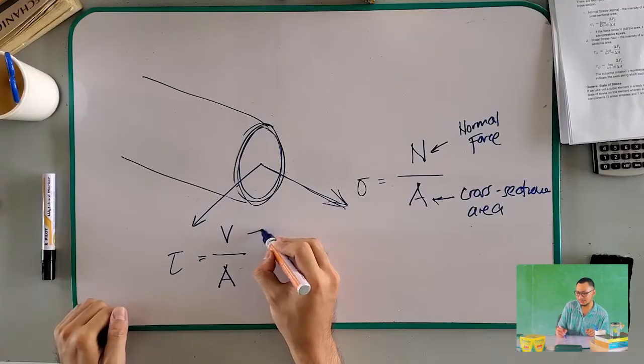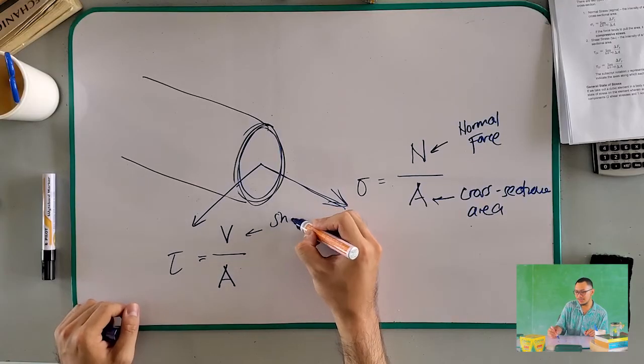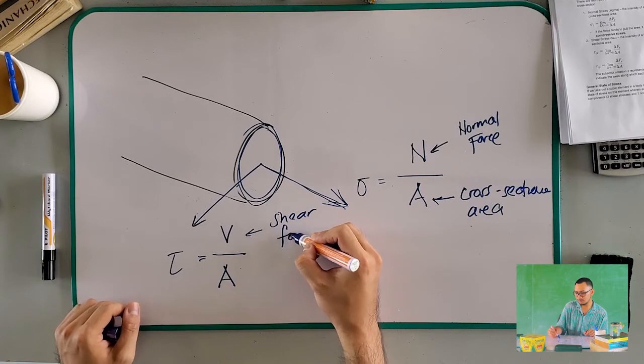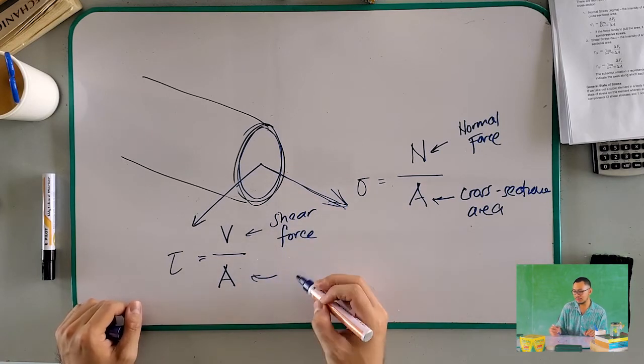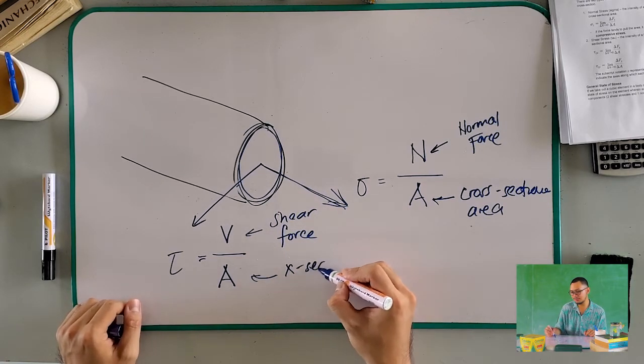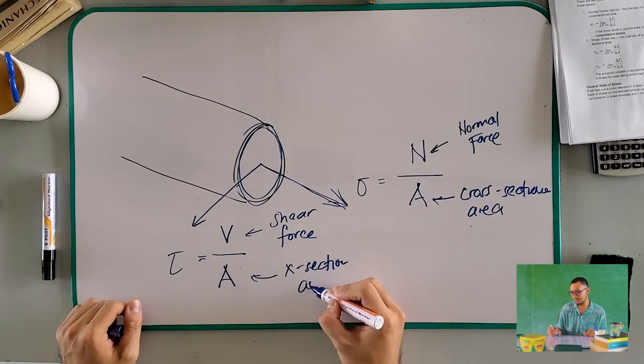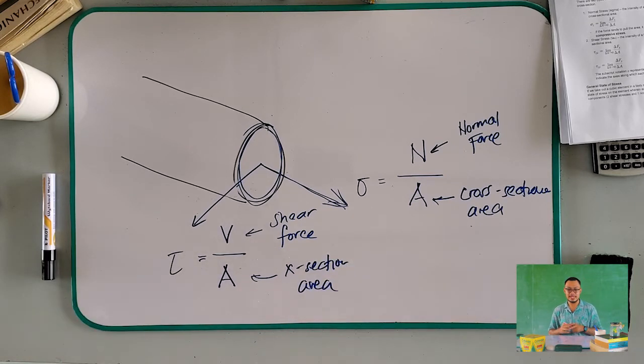That is why we call it V. Okay? So, ato ibutang, shear force over cross-section area. Okay? So, ingana lang kasayo ng atong pagkuha sa atong average normal stress and average shear stress.